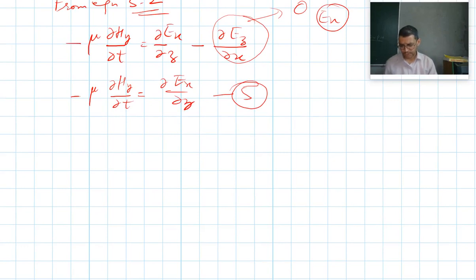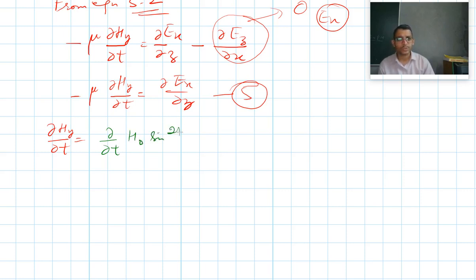Now ∂Hy/∂t: Hy I have taken as H naught sine of 2 pi by lambda (vt minus z).